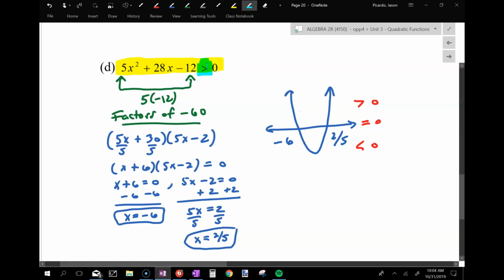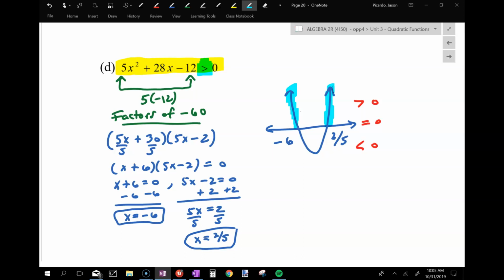And again, I want the answers that are greater than 0, right? So that means I'm looking for the answers that are above, which means between or outside of in this case. Outside of, right? Guys, if I have answers outside of, I know I have infinities, correct? Because it's going to keep going forever.